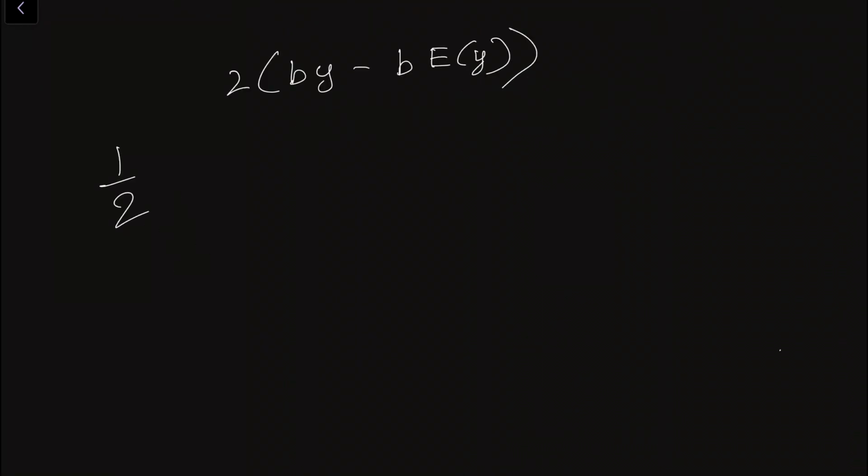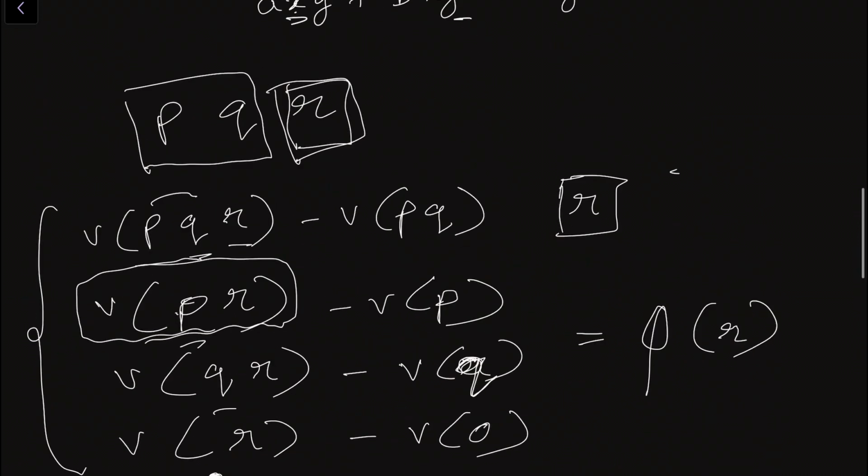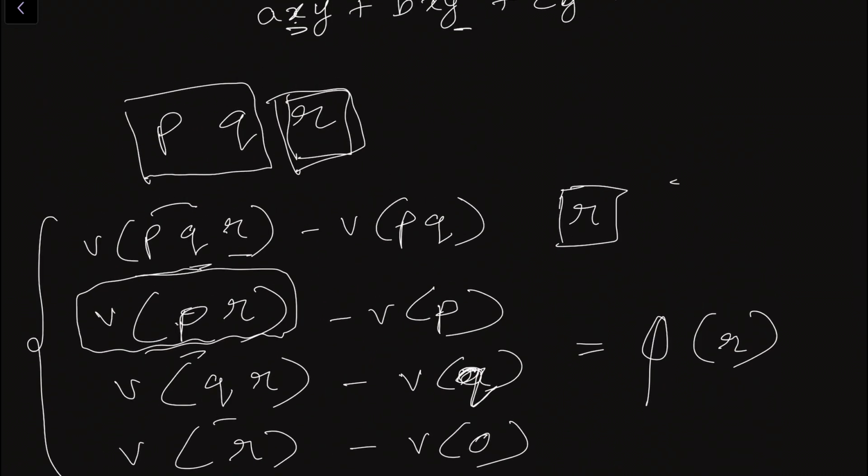So the weighting factor is nothing but just 1 by n minus 1 choose s, where n is the total number of players that you have, and s is the number of players in the current subset that you have chosen. This is done because if we go back to our 3-player example, you see that R can interact with all the players, that is p, q, only once, but he can interact with p once and q once.